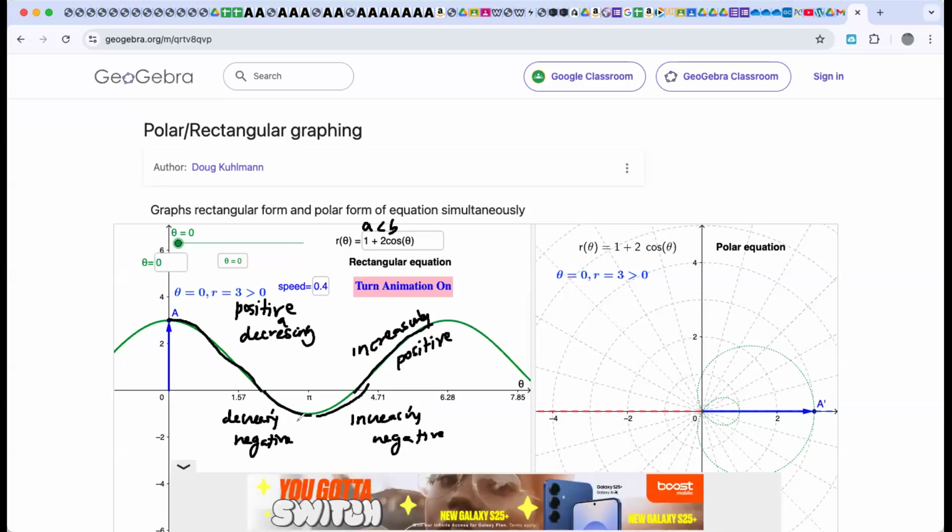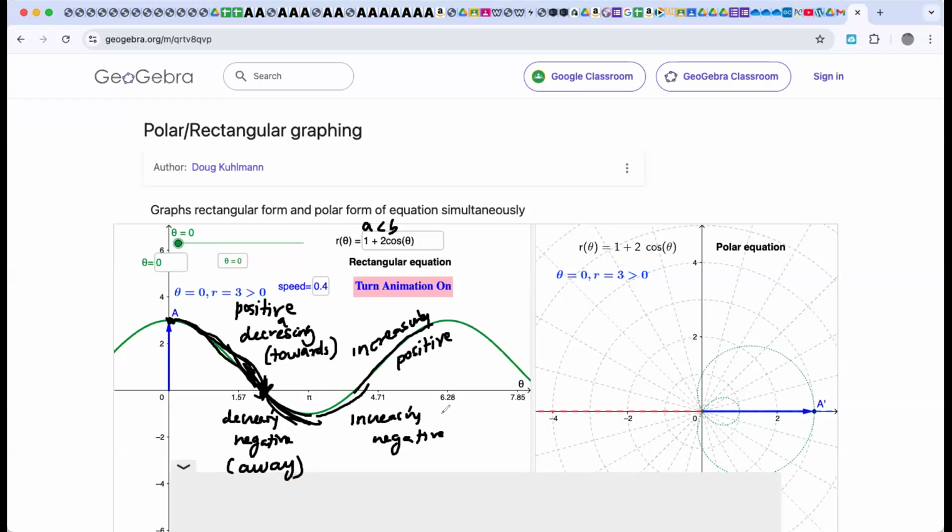Do you guys understand what I am writing on the rectangular graph? From 0 to this x value, it is positive and decreasing. It is moving towards the pole. Decreasing and negative, it's moving away from the pole.